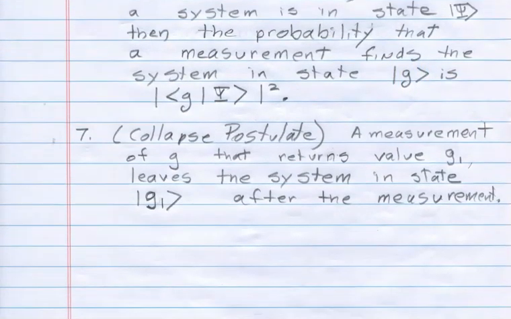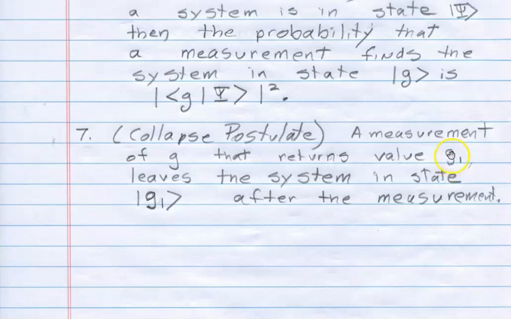And then finally, the collapse postulate is after a measurement of g that returns a specific value, say g1. So I'm going to measure a physical quantity like momentum, and then I return a specific value of the momentum, maybe, I don't know, maybe 20 kilogram meters per second.